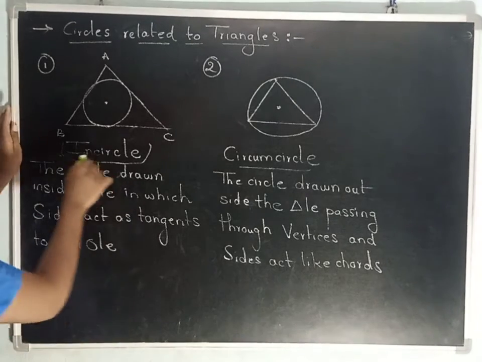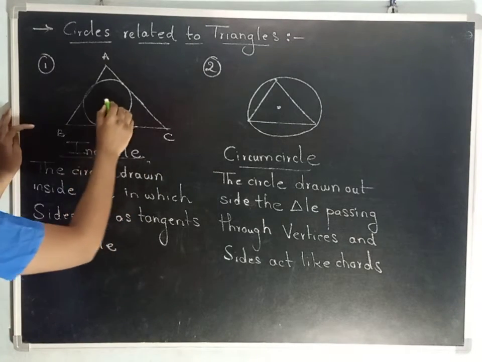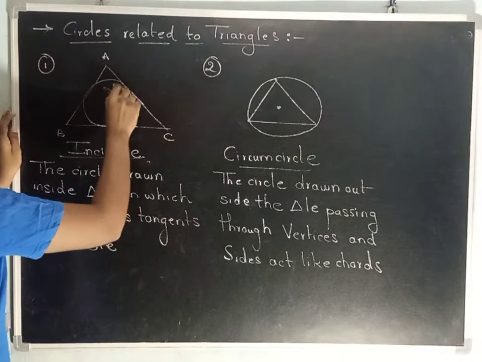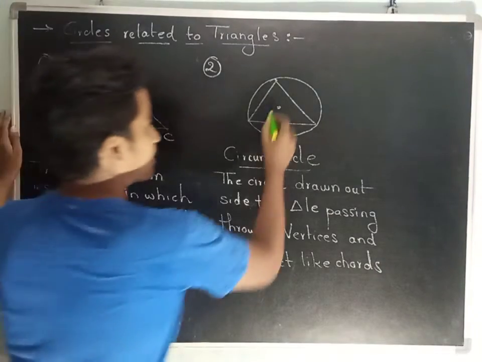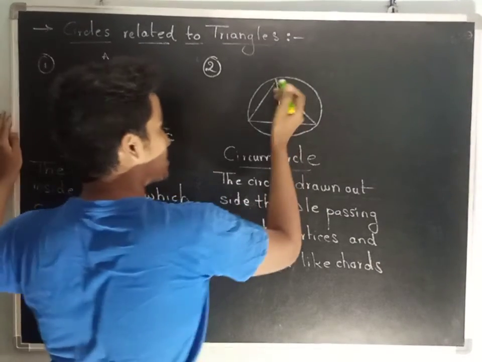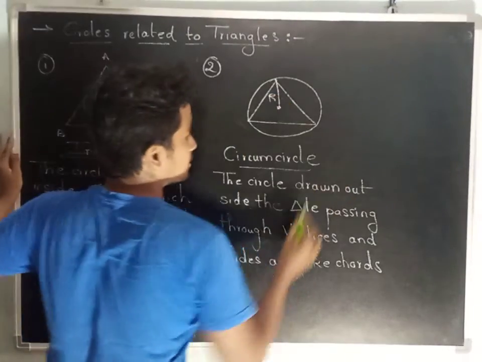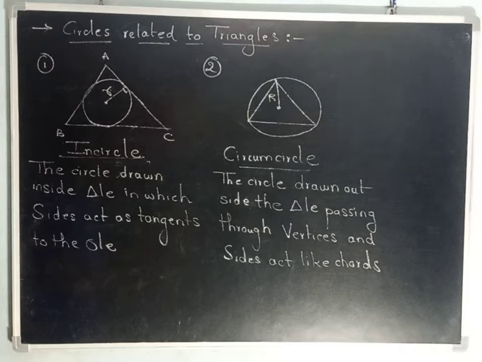Okay. Regarding the concept of incircle, the radius of this incircle is denoted with small r. Okay. And the radius of the circumcircle which is outside the triangle is denoted with capital R. Okay. Let's move on further.